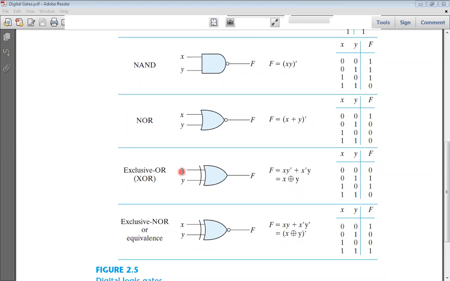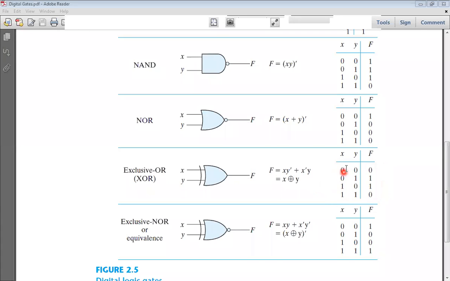For the input combinations, for input x0 y0, the output is 0. For input x0 y1, the output is 1. For input x1 y0, the output is 1. For x1 y1, the output is 0.